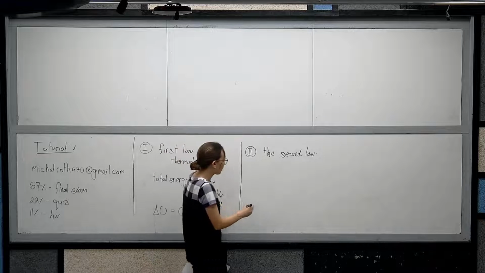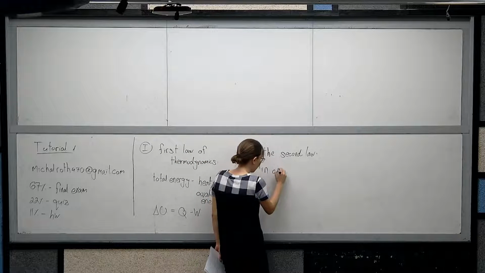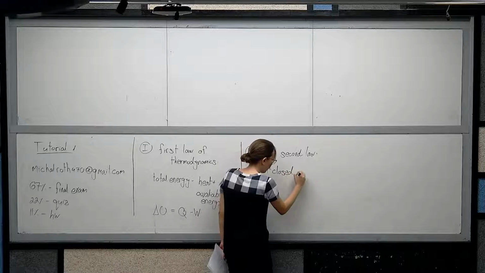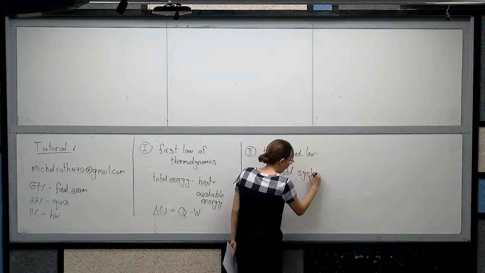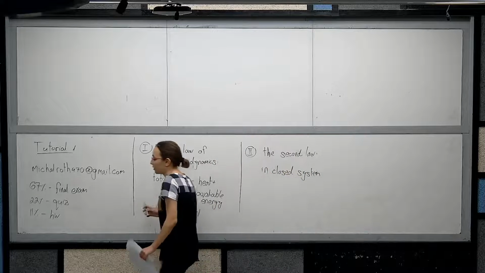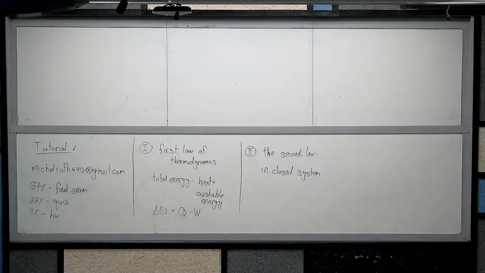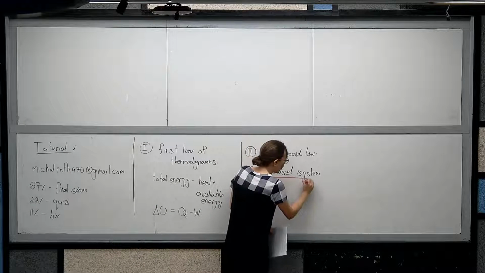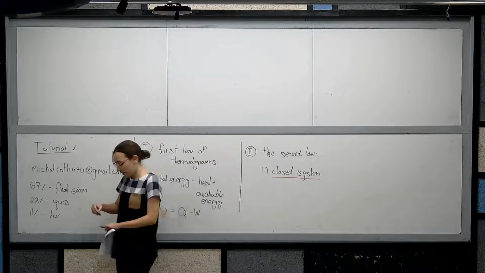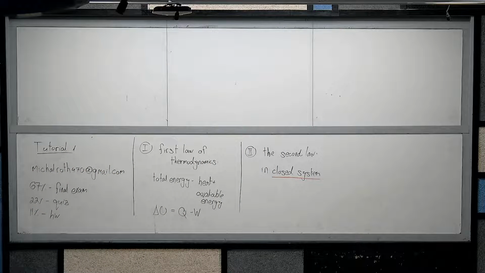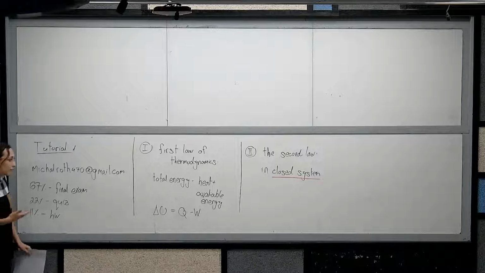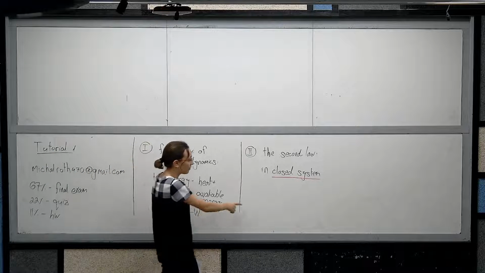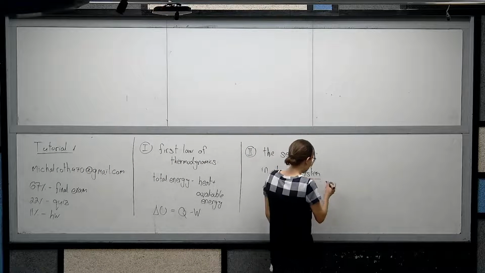Okay? Now pay attention that this is only for a closed system. So if we can affect the system from outside, we can always insert available energy. But in a closed system, we cannot.